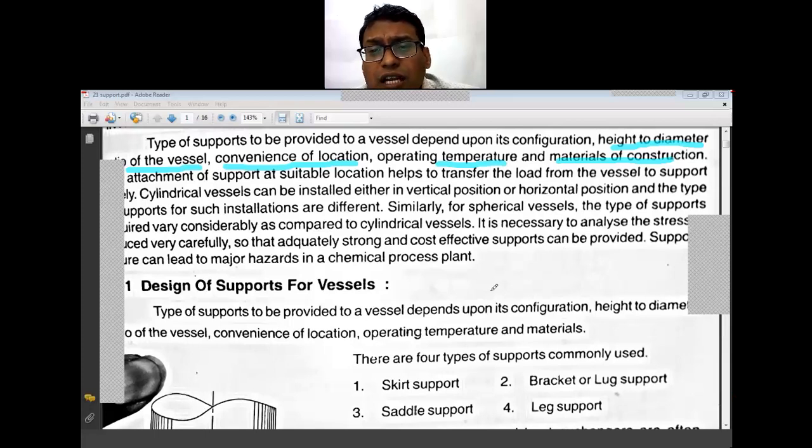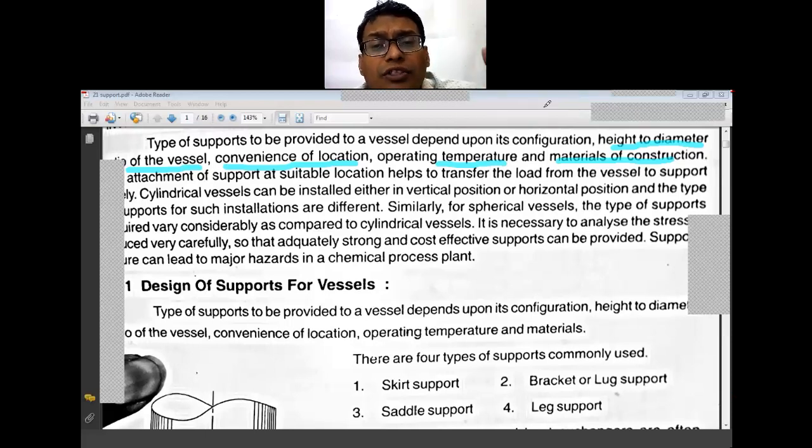So these are the different points on which the type of support is to be decided: whether it's a spherical vessel or cylindrical vessel, then the height to diameter ratio of the vessel. That means whether it's a tall vertical vessel, a small vessel, or a vessel of around 3 to 5 meter diameter.